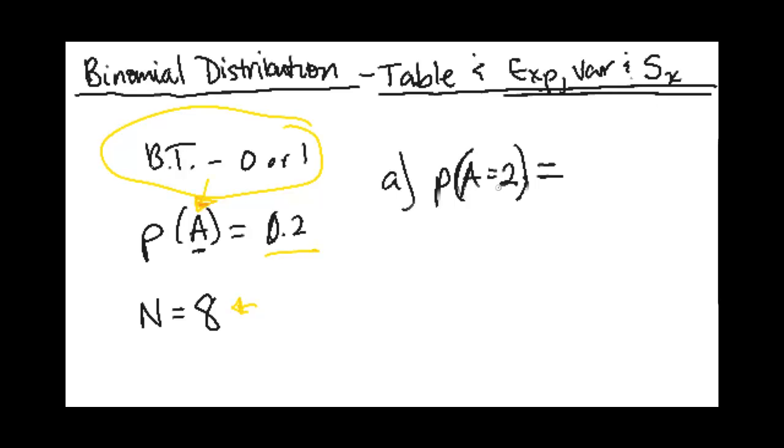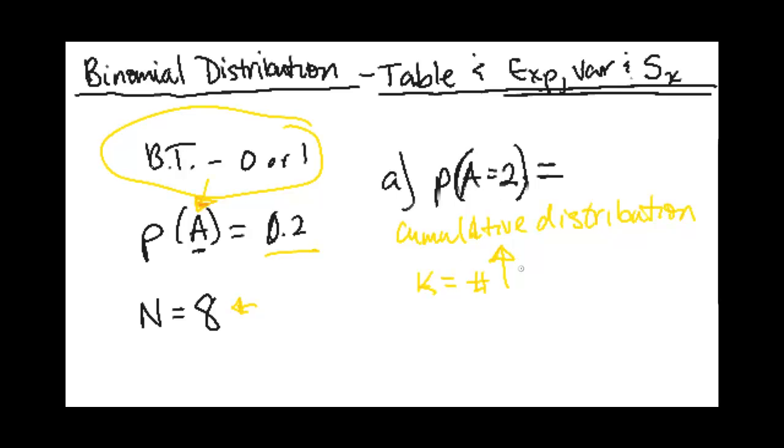In this case, because we're dealing with a cumulative distribution table, everything in the table is not just that K value or X value, it's everything from that number and down added together.